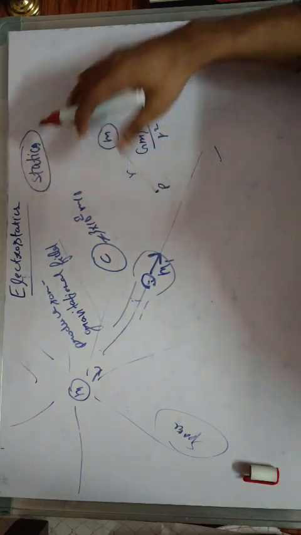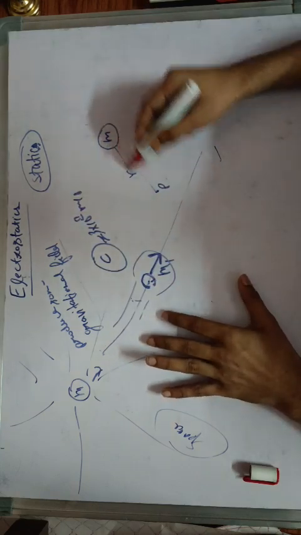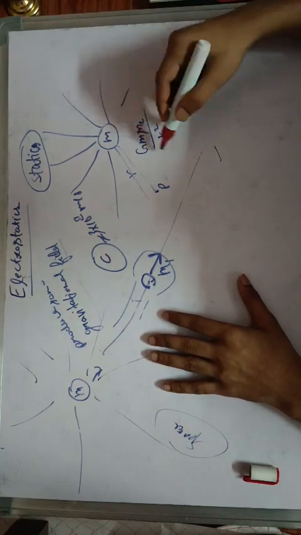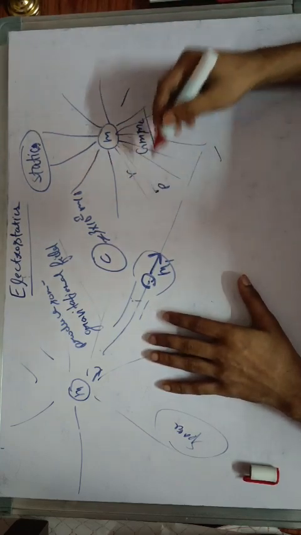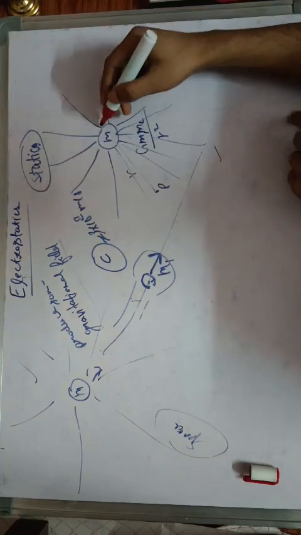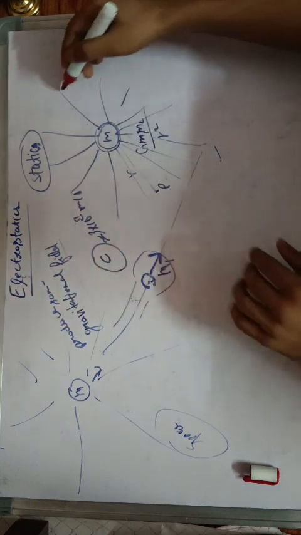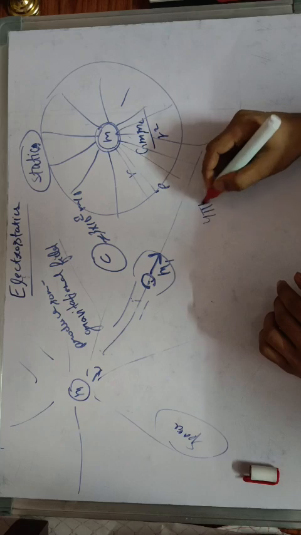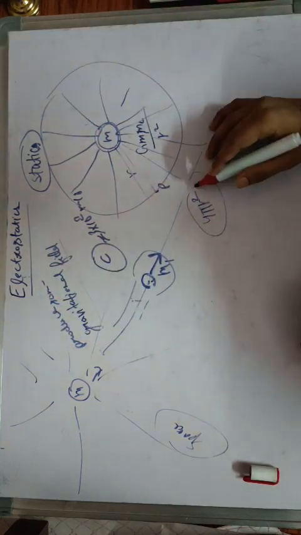This field comes out and travels away from it, and its strength depends on the density of the field. Let's say this whole field was concentrated at this small point mass, but when it spreads out, it spreads over the area 4 pi r square. The area of the whole sphere would be 4 pi r square.